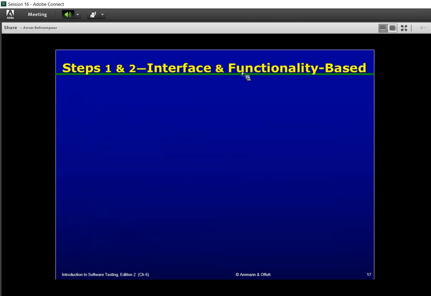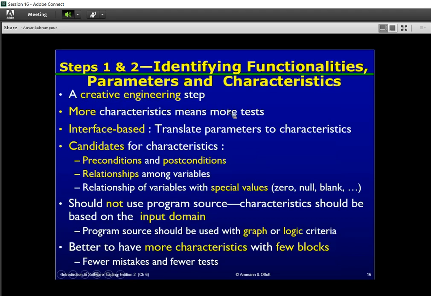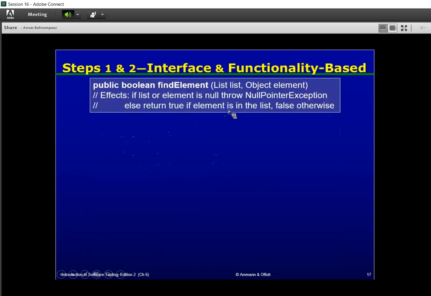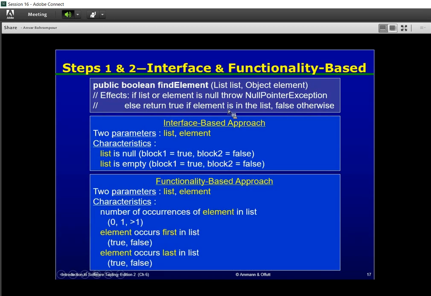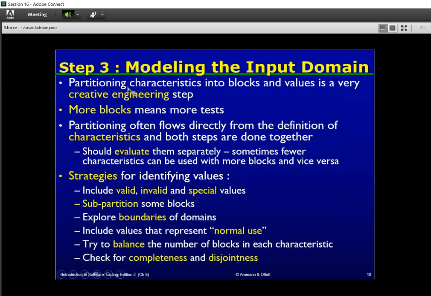So in the third step of modeling the input domain, we should do the partitioning according to the characteristics we have defined.